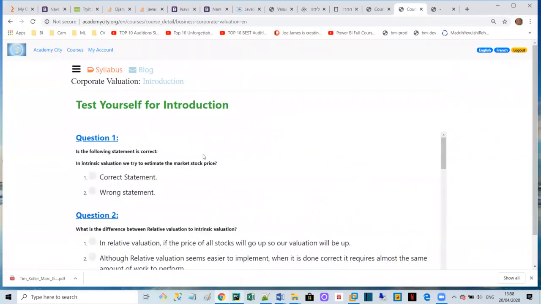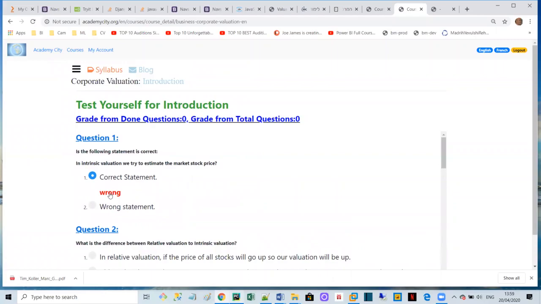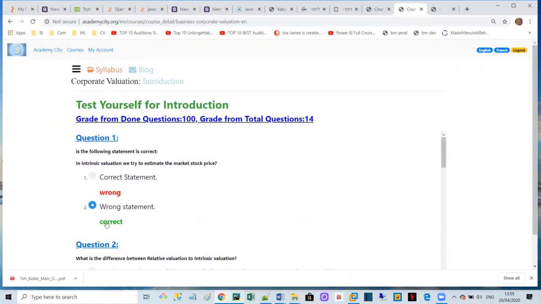The beautiful part is you get immediate response. There's a question, and then you answer this one. It tells you this is the wrong answer. You click on the second one, it's the correct one, and then you know what the correct answer is. Many questions, I'm building them in such a way that there will be kind of a review for you for the material we will study, okay? So that's another thing you'll have.